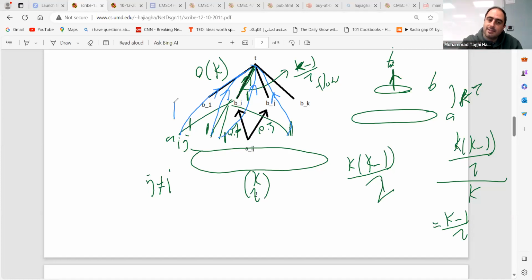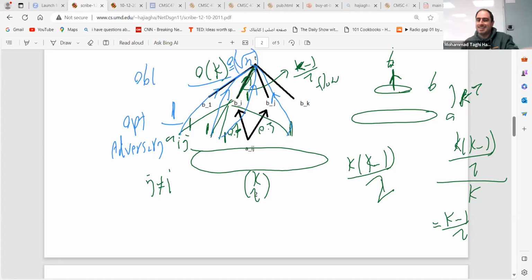It would be 1. So in this case, the opt or adversary has essentially 1. The oblivious algorithm has order K, and what was K? It was square root of n, essentially. So it says that if we have a directed graph, then we cannot get anything better than square root of n. That's the best that we can do.